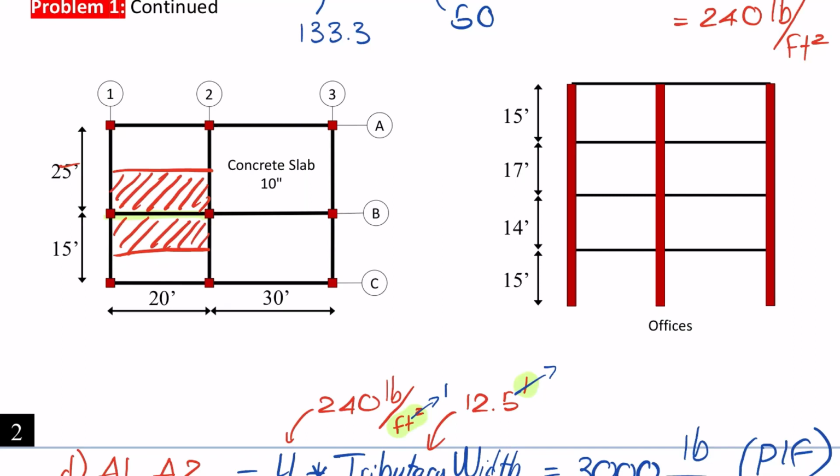We load to B1, B2. So the length will be 20 and the width will be this one, a half of 25 divided by 2 is 12.5, plus 15 divided by 2 is 7.5. So this one will equal to 20.